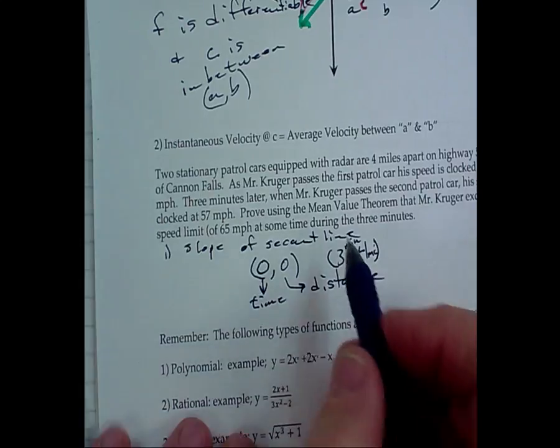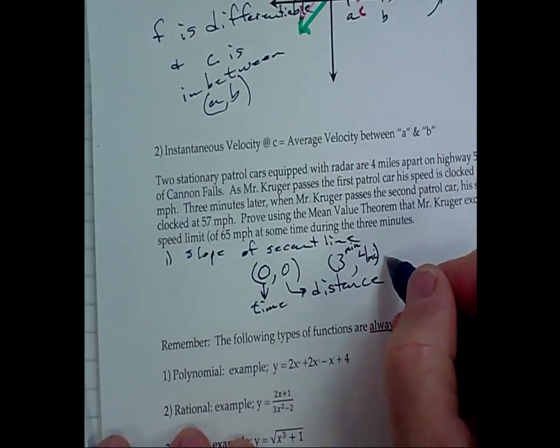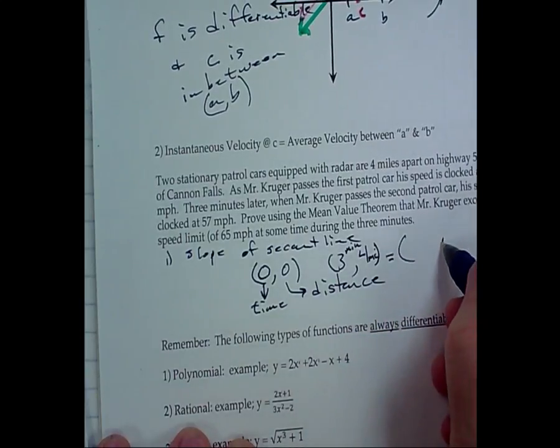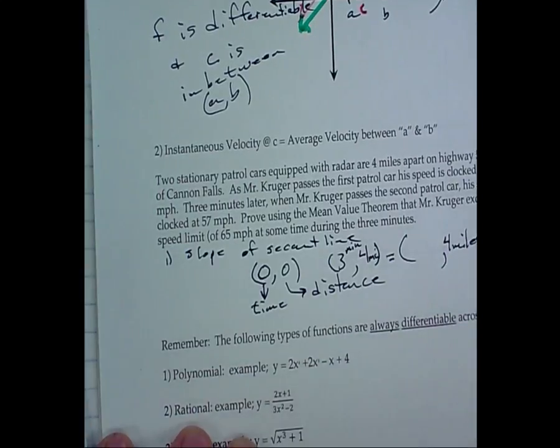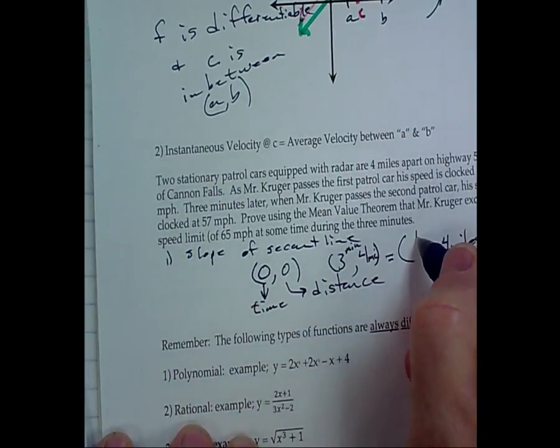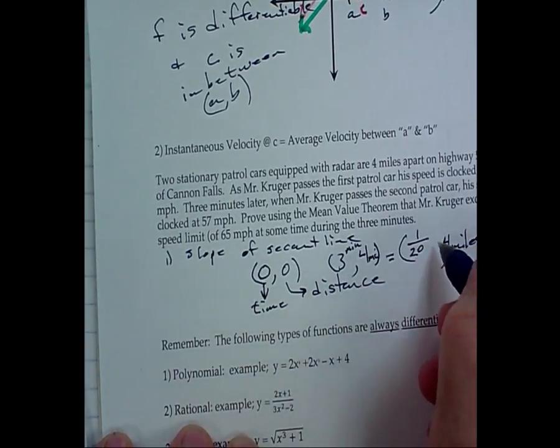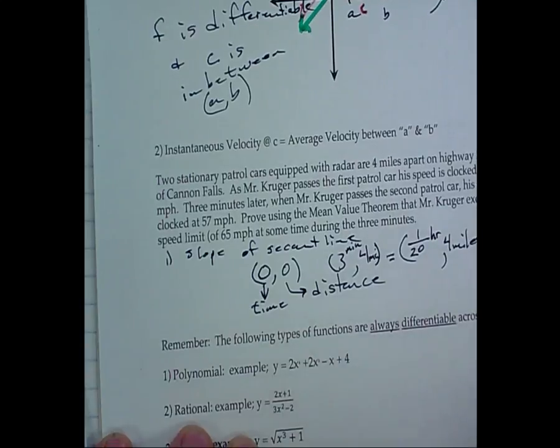So I got to change that. 4 miles I'm not going to change, but I got to change 3 minutes into an hour. 3 minutes is how much of an hour? 1/20th of an hour. Is everybody okay with that?